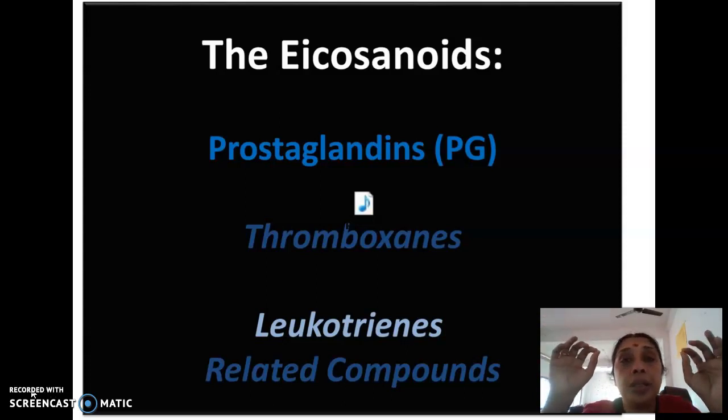Only the desaturases present in the body can introduce double bonds between the delta 1 position and delta 9 position, not beyond the delta 9, that is, with respect to the methyl group. At the omega terminal end, we cannot introduce a double bond.